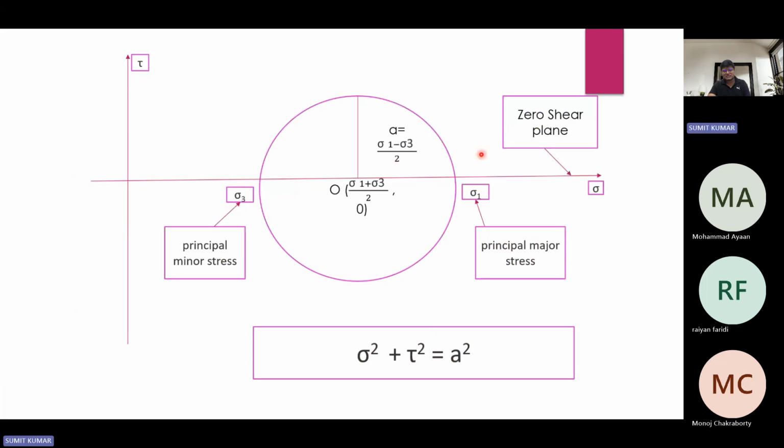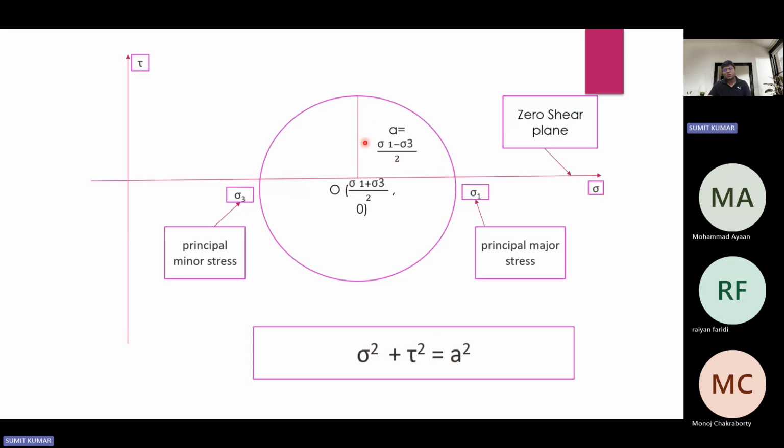Over here you can see that this is sigma 1 and this is sigma 3. If you subtract sigma 1 minus sigma 3, this diameter is obtained, and if we divide it by 2, the radius is obtained, and the radius of Mohr circle is the maximum shear stress. So in this manner you could easily obtain the maximum shear stress or the radius of Mohr circle.